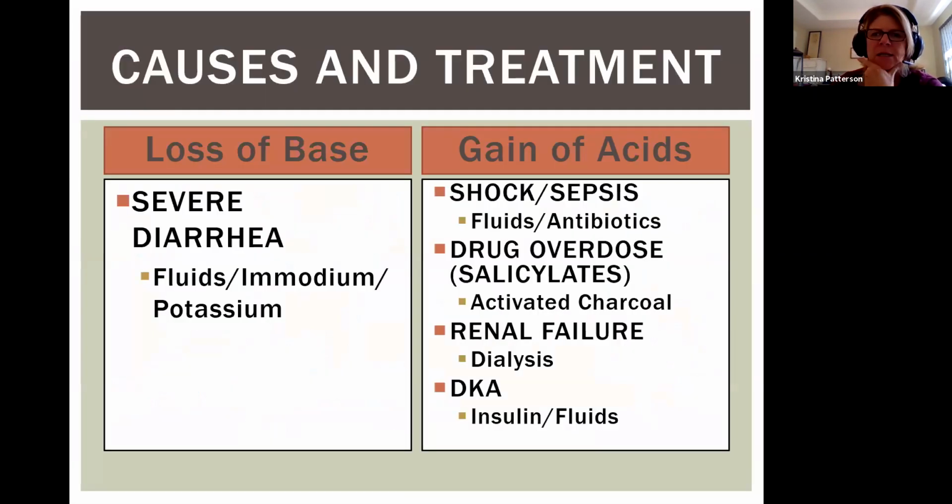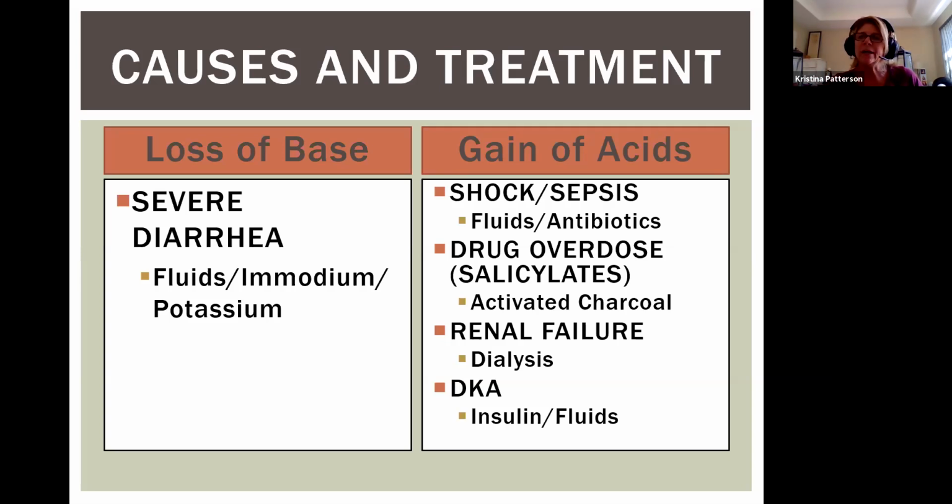And indeed, you can have the metabolic acidosis either by losing base, so you could have a severe diarrhea where you'd lose bicarb, and you would give fluids and Imodium to stop the diarrhea, fluids for the dehydration, the fluid volume deficit, and we give some potassium as well.